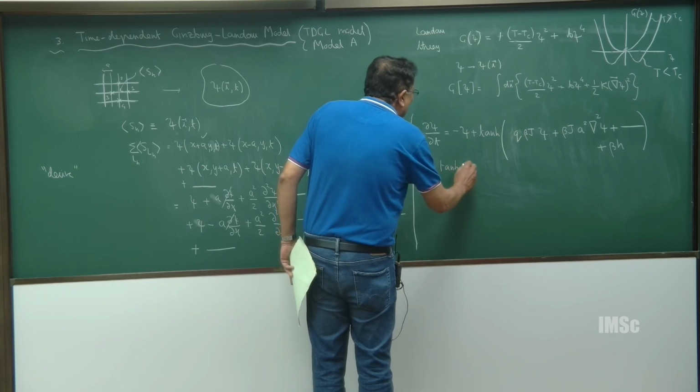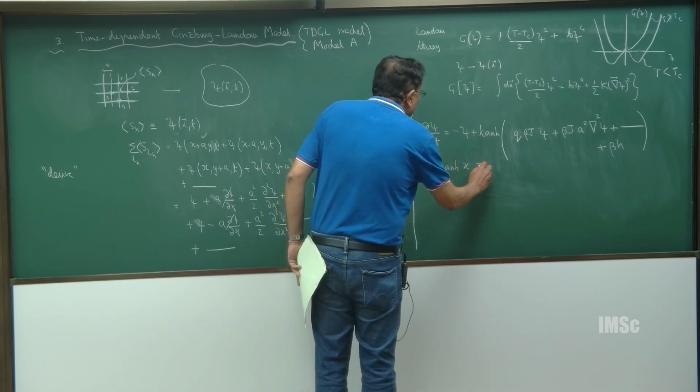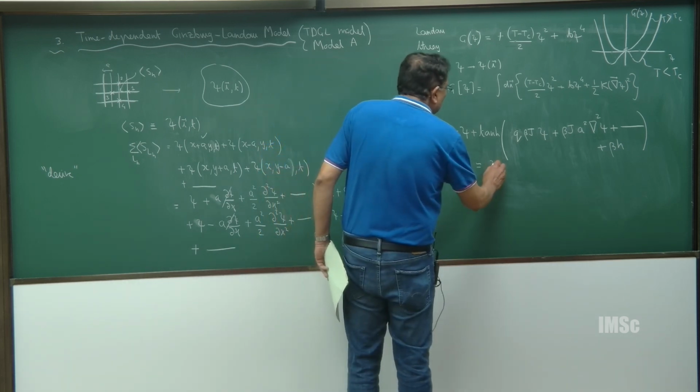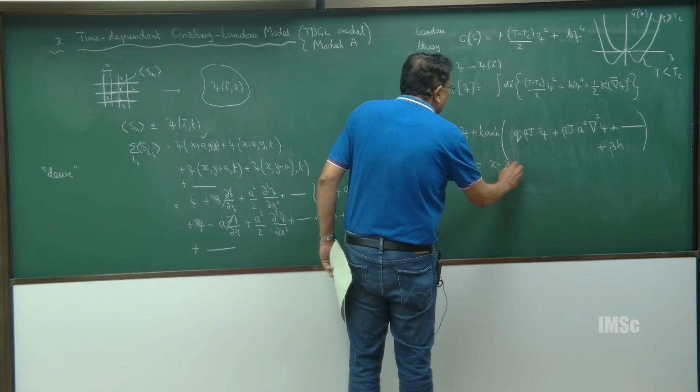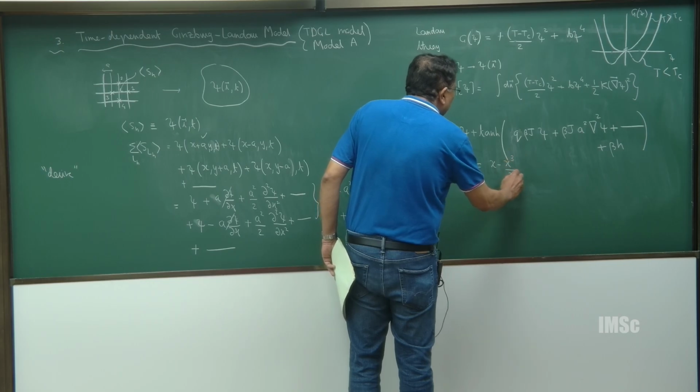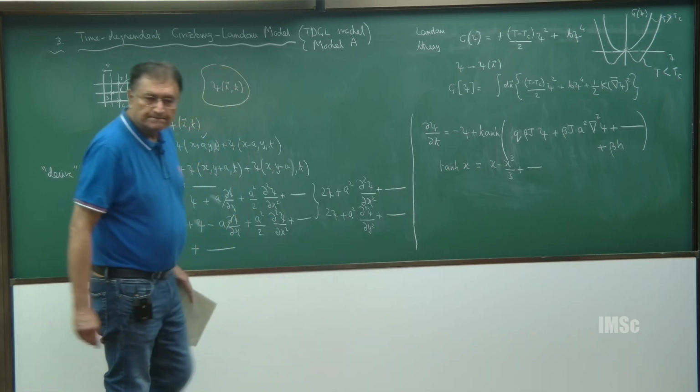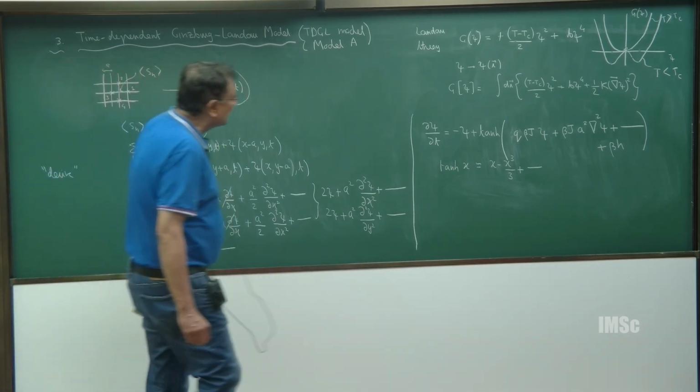You Taylor expand tanh x. It's an odd function, and it's pretty easy to figure out that the Taylor expansion is x minus x cubed by 3 plus higher order terms. So that's the Taylor expansion one does.